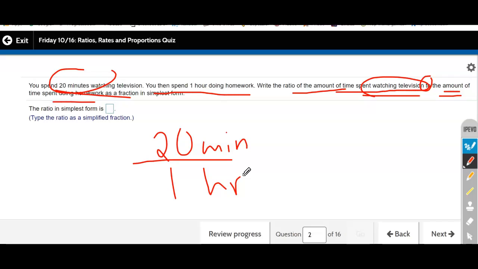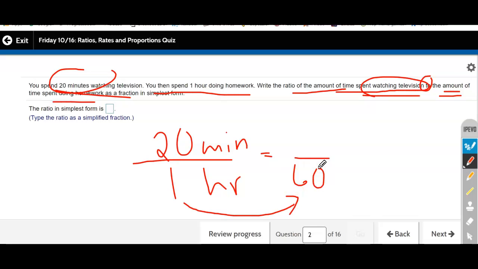Remember how to do this? How do I make this a fraction? I have to figure out how many minutes are in an hour. There's 60 minutes in an hour.